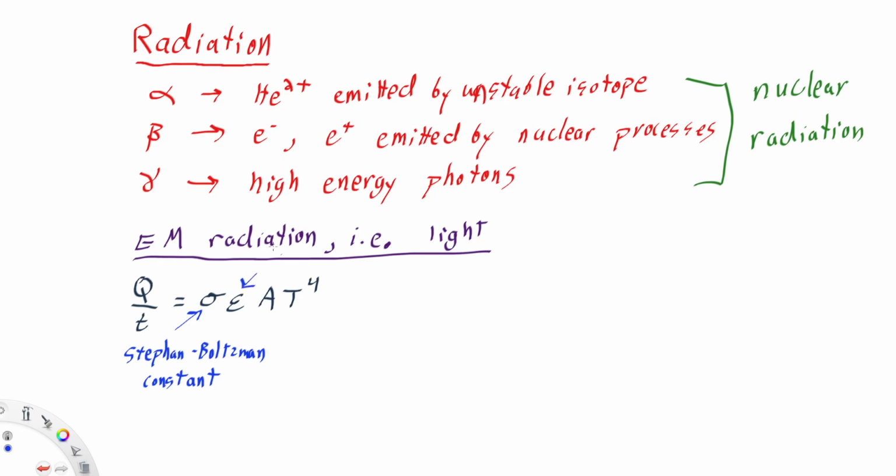This little epsilon here is called the emissivity. The A is the surface area. And T, of course, is the temperature.